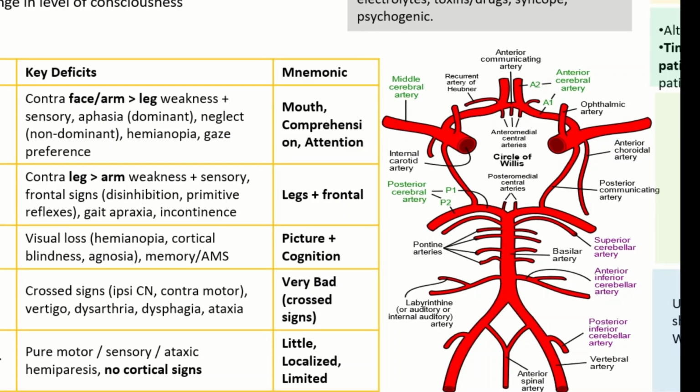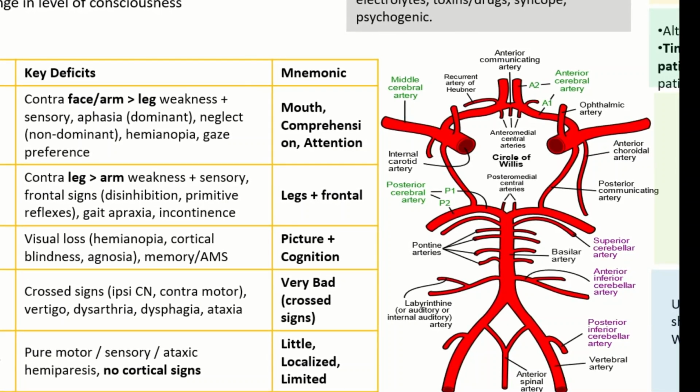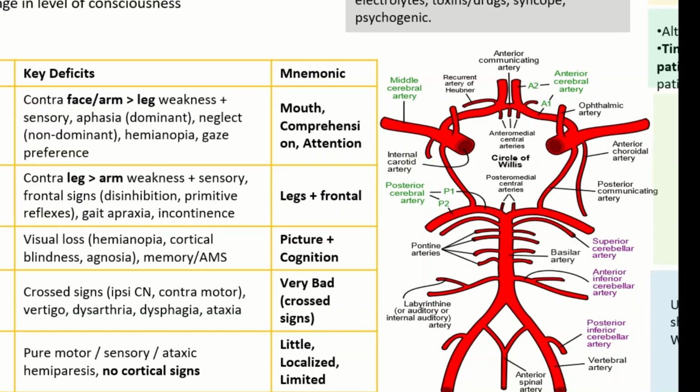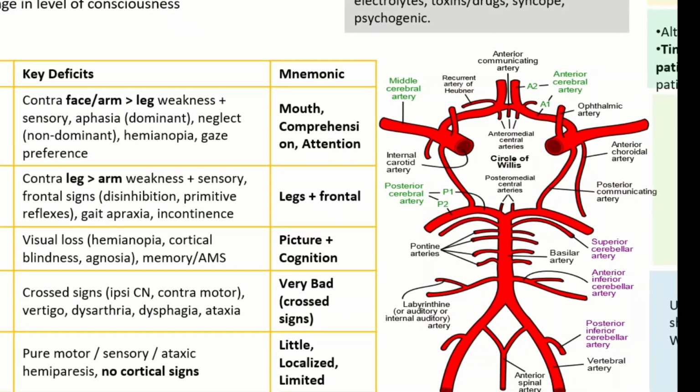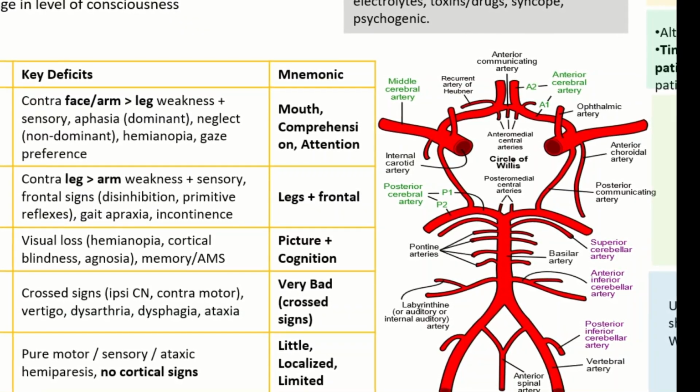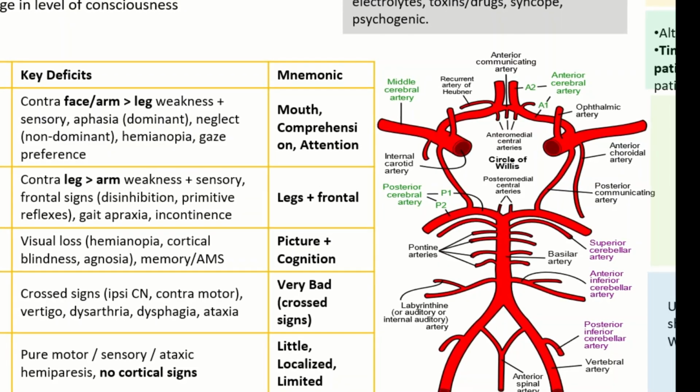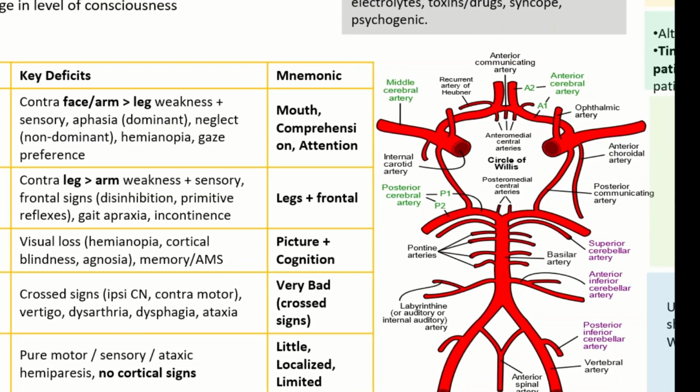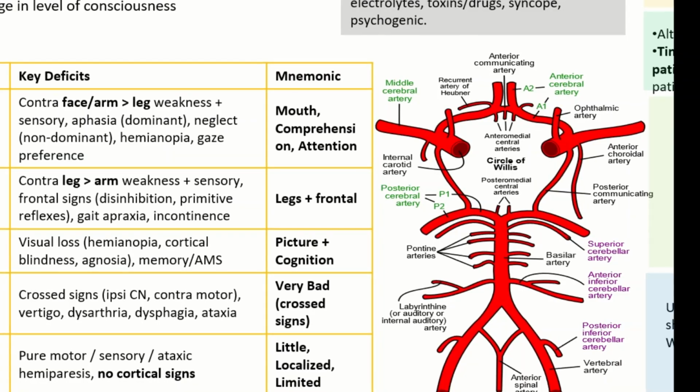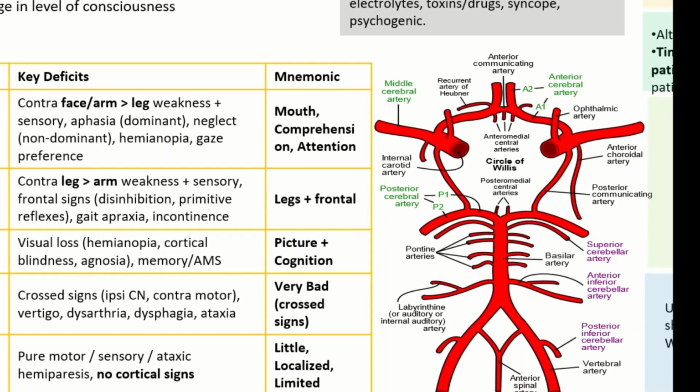Then the vertebrobasilar arteries, if we have a problem there, this is actually what supplies the brain stem. So if we have issues there, we're going to have features in both the cranial nerves and the motor nerves, but the thing is, these are crossed signs.